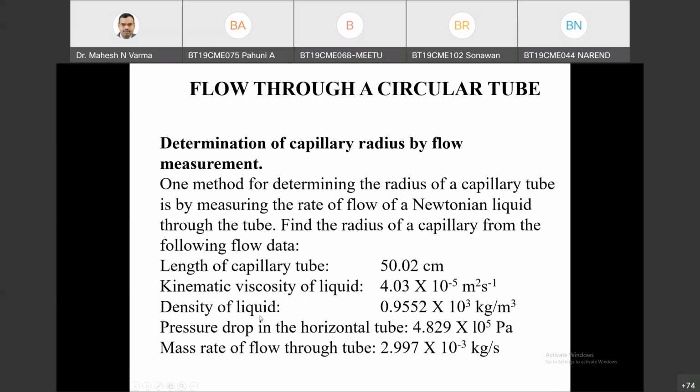Yes, sir, kinematic viscosity is given, density is given. If the Reynolds number is less than 2100, why are you going for the friction factor then? Sir, once I get the friction factor, I can calculate the drag force. But using these also you can calculate the drag force, no? You can calculate the shear stress on the wall, no?